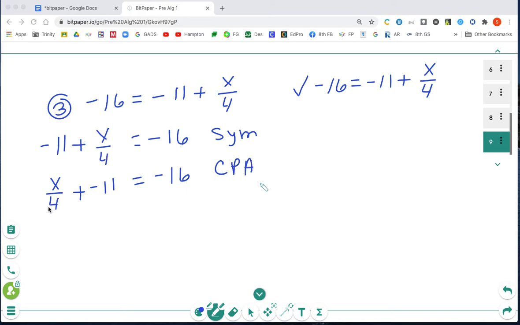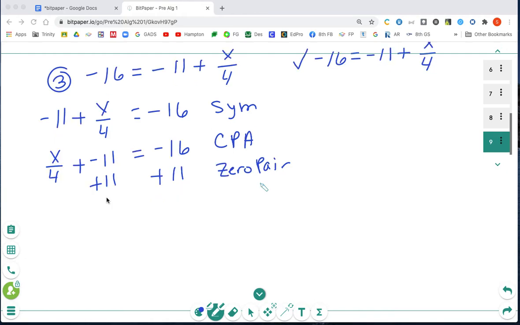Is the variable alone? It's not. So we're going to zero pair the 11. X divided by 4 is going to be equal to -5.